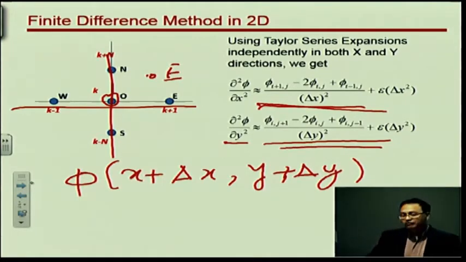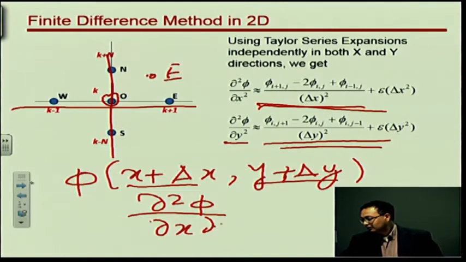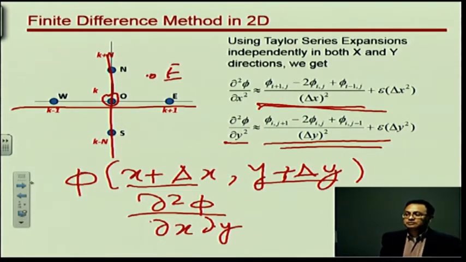If you had a double Taylor series expansion, you would also get these types of terms. So that's something to keep in mind, that these finite difference equations we are writing down here are really only valid for a Cartesian mesh.